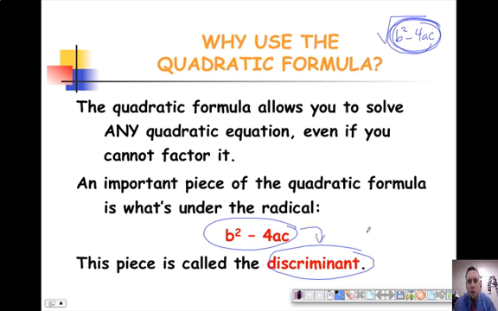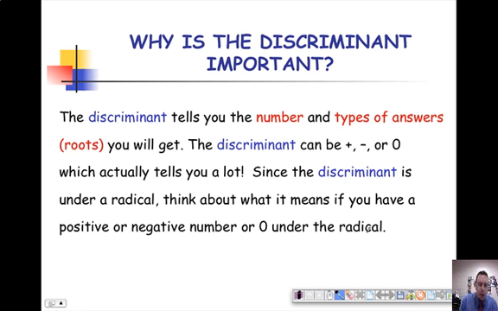The discriminant tells you something. It tells you how many solutions there are and what types of solutions there are. I'm going to show you what I mean by that. The discriminant tells you the number, meaning how many solutions there are, and the types of answers. What types of answers could you get in a quadratic?